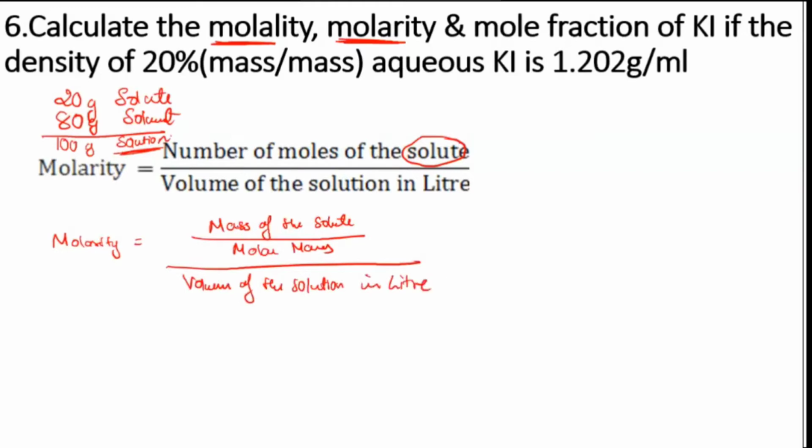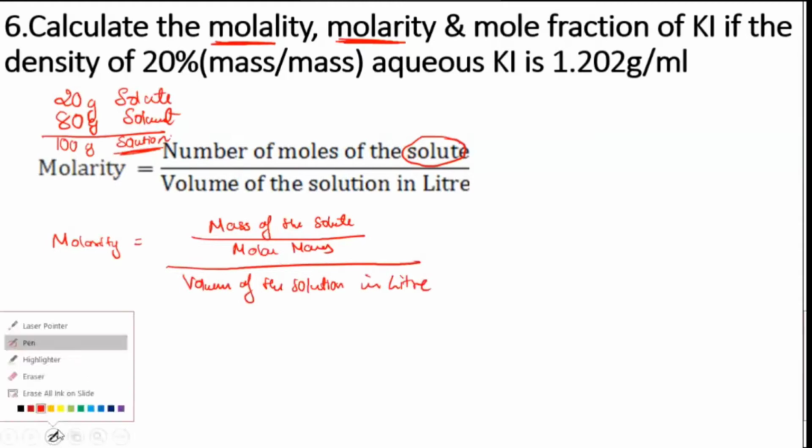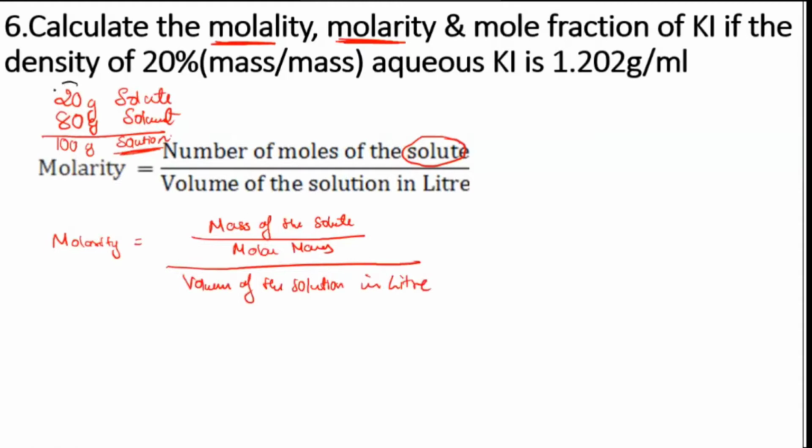Here mass is 20 gram, so this will be 20.